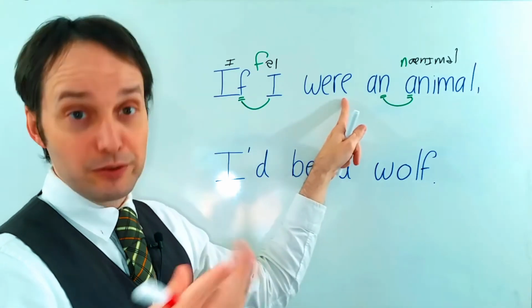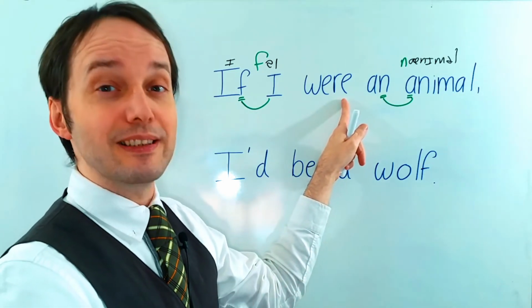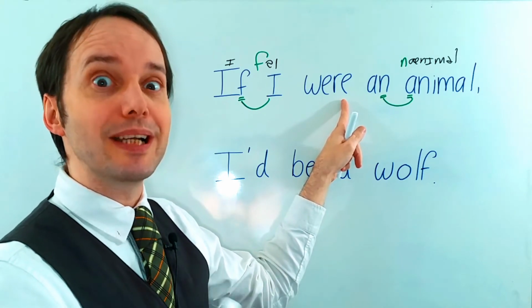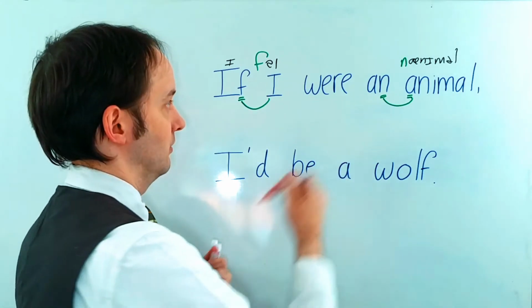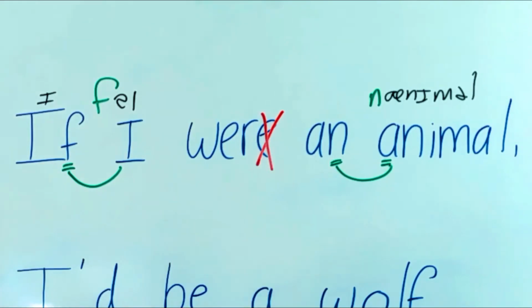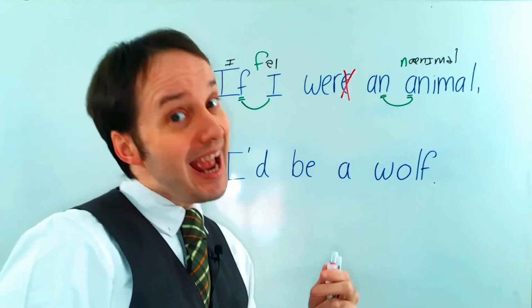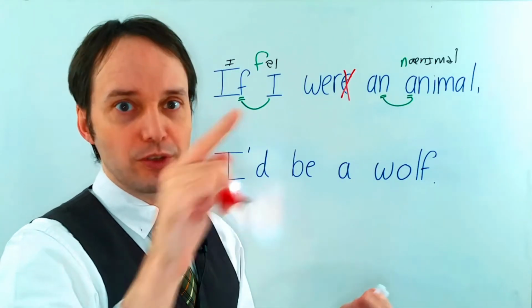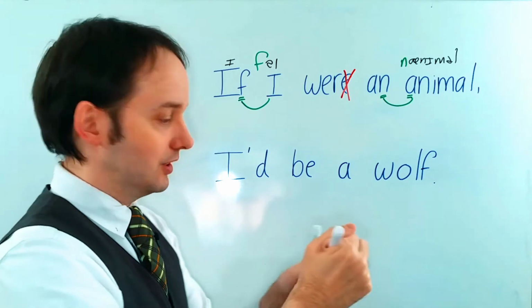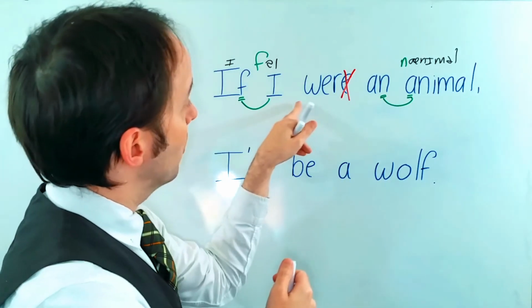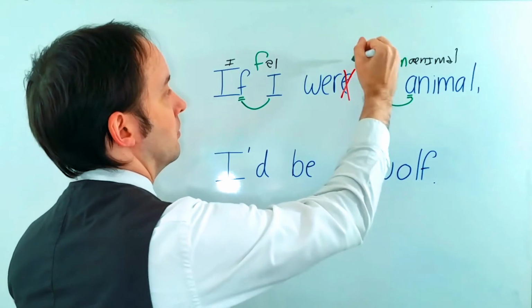And you're thinking, Lee, but there is an E there. This is a vowel. Yes, but it is a silent vowel. We don't say were-ee, we say were. So the R is a consonant sound. So we get were, nanimal.